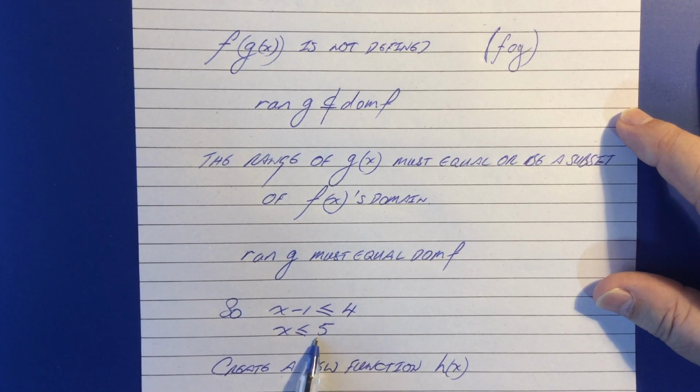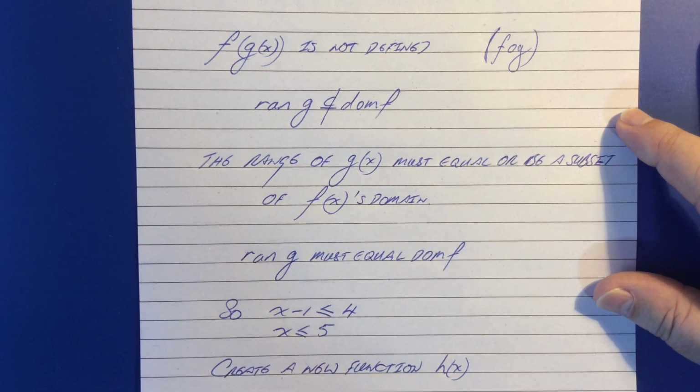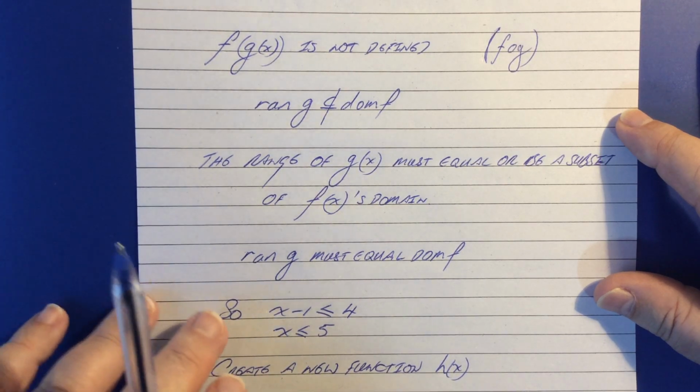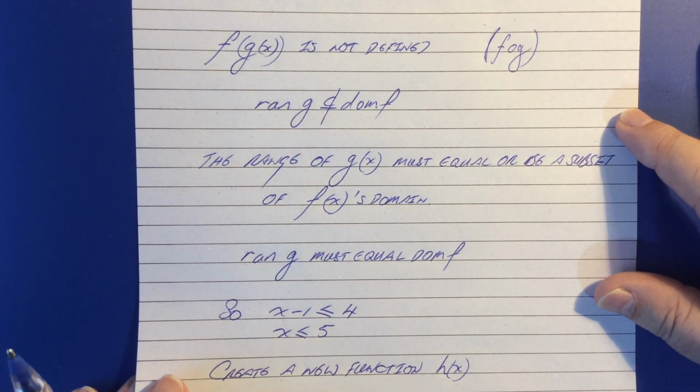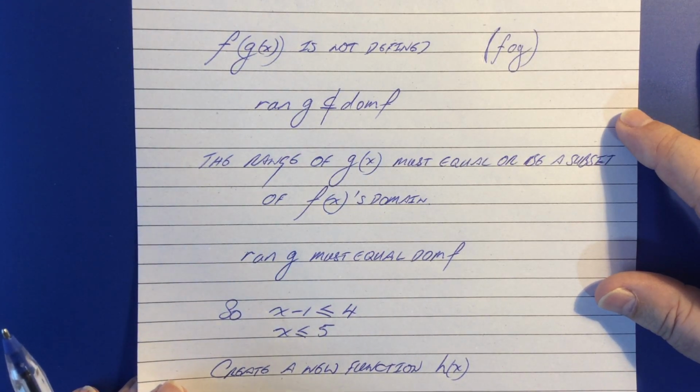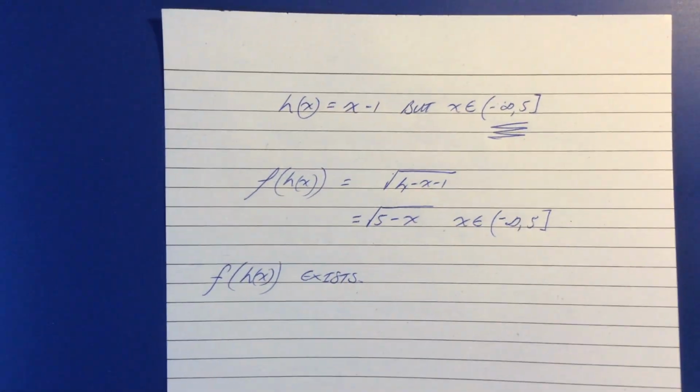In that case, this function, f of g, will exist. Now, the question is, are we creating a new function? Well, probably yes. It's got the same basic characteristics, but it does have a limit. And if you line two functions up and you say that one has no limits and one does have a limit, are they the same function? Well, it's an interesting point.